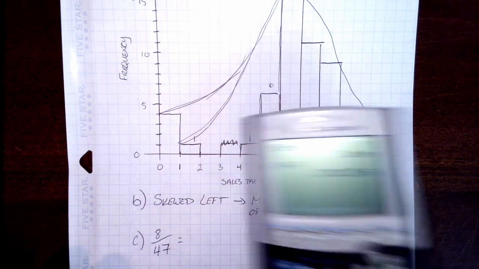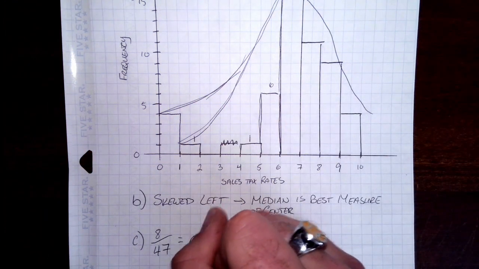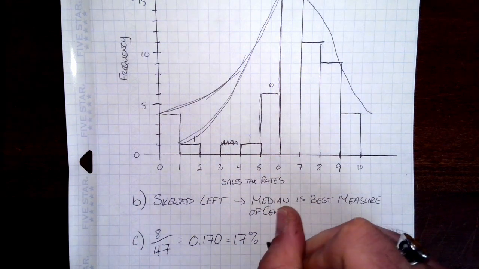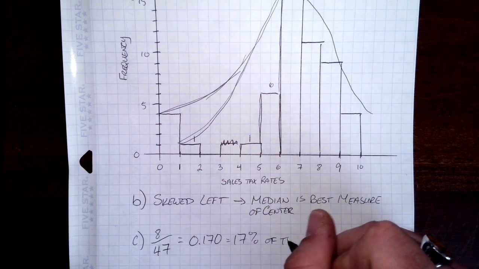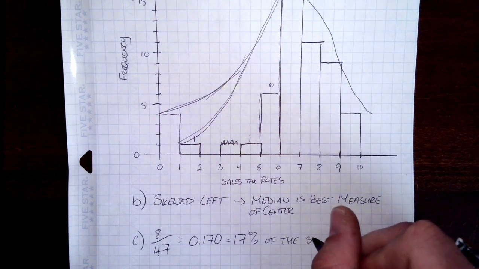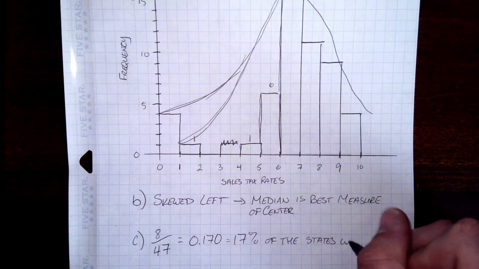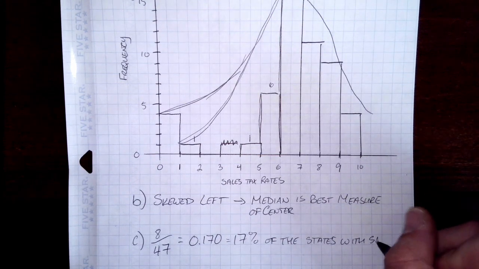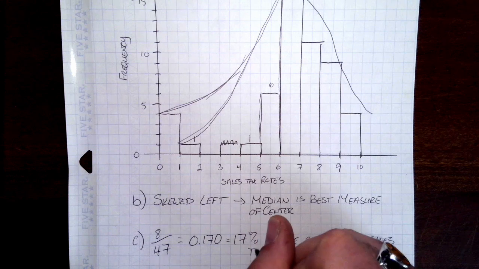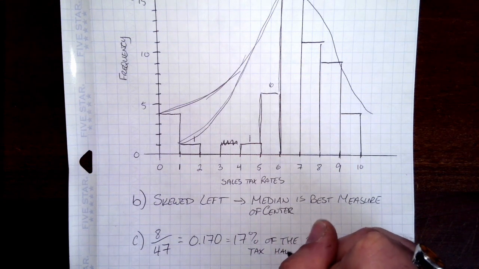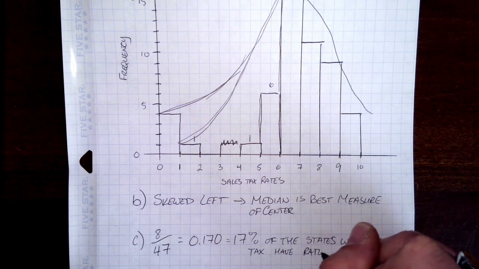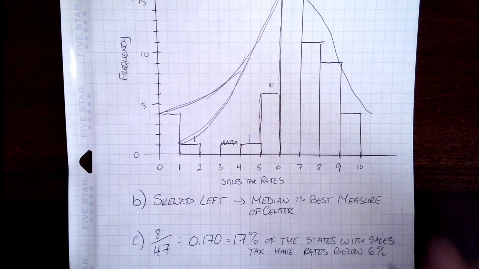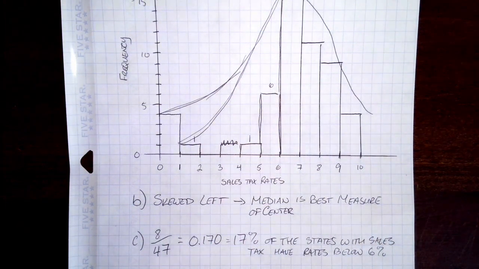Or 0.170, 17%. 17% of the states with sales tax have sales tax rates below 6%. And that's example 1.